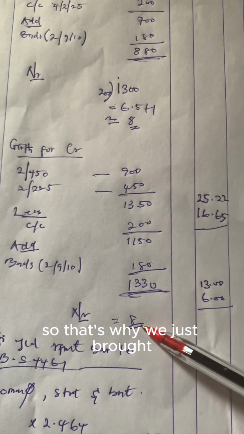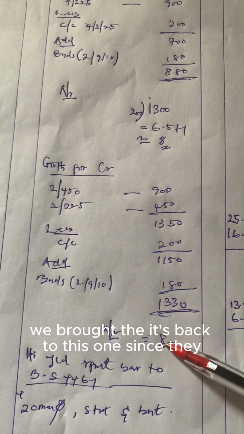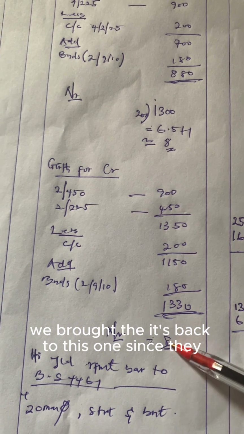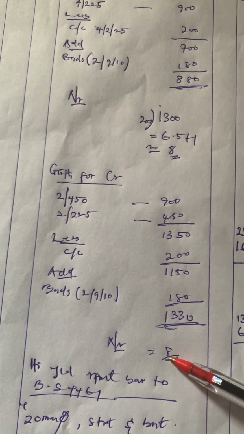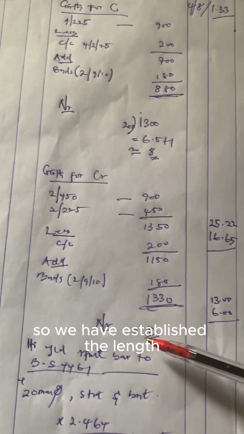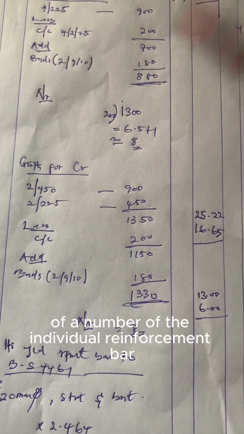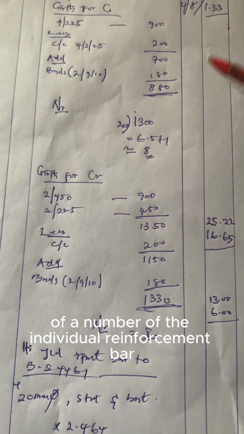So that's why, instead of repeating this, we brought it back to this one, since they have the same length in common. So we have established the length of the individual reinforcement bars.